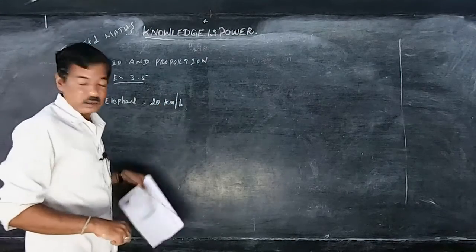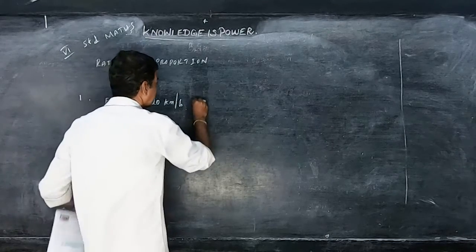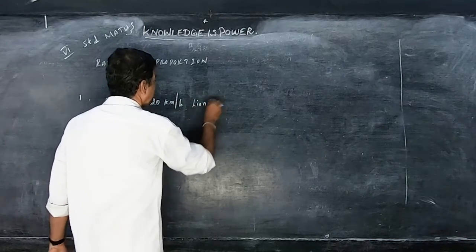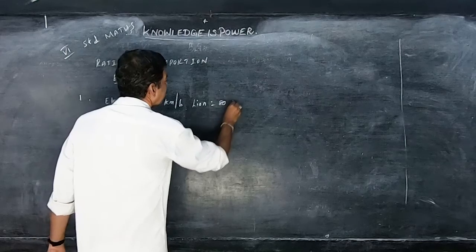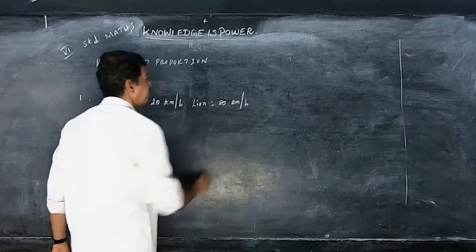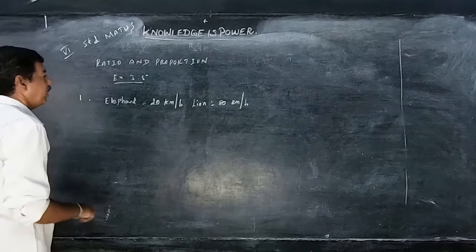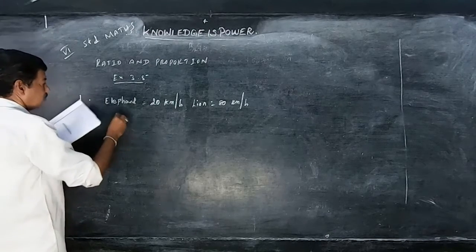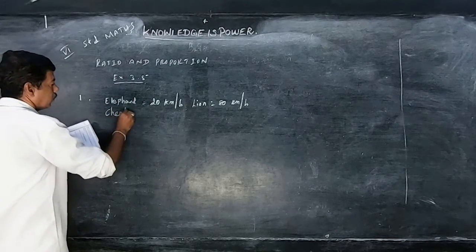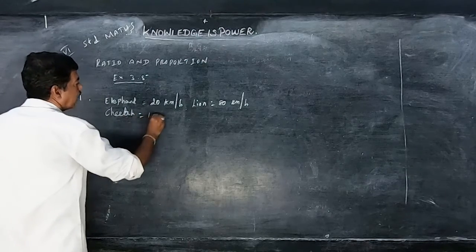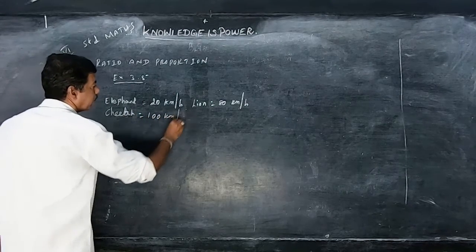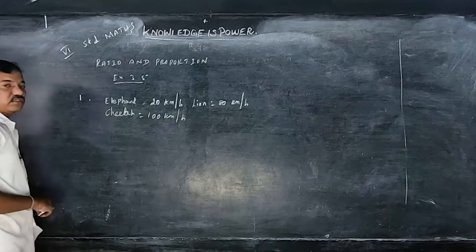Is it clear? Then lion is equal to 80 kilometer per hour. Then cheetah is equal to 100 kilometer per hour.